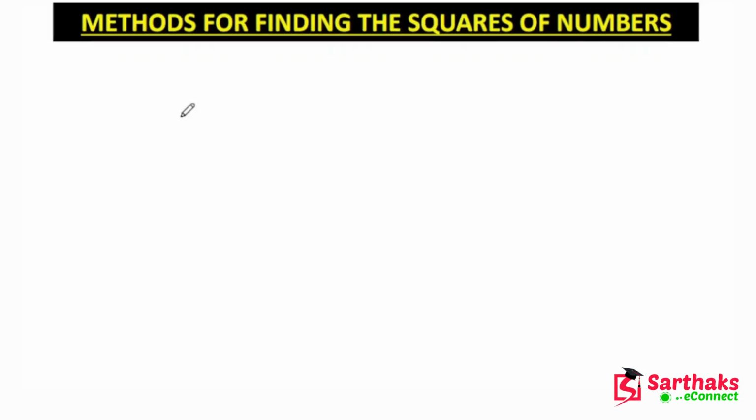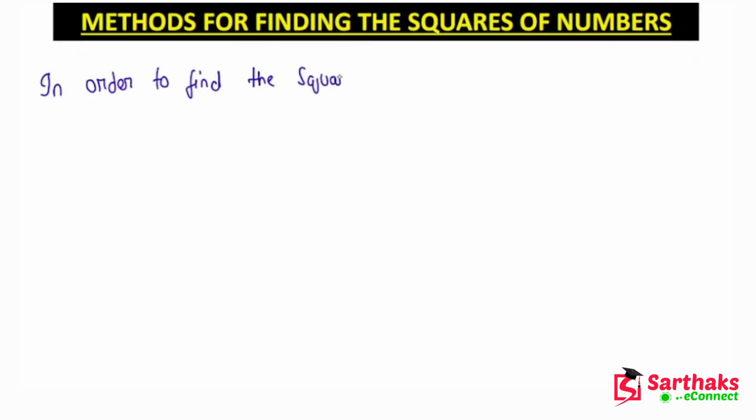But no, we do have some other specific methods which make it easier to calculate the square of a number, right? So what we are going to study is that in order to find the square of a number, we multiply the given number by itself.